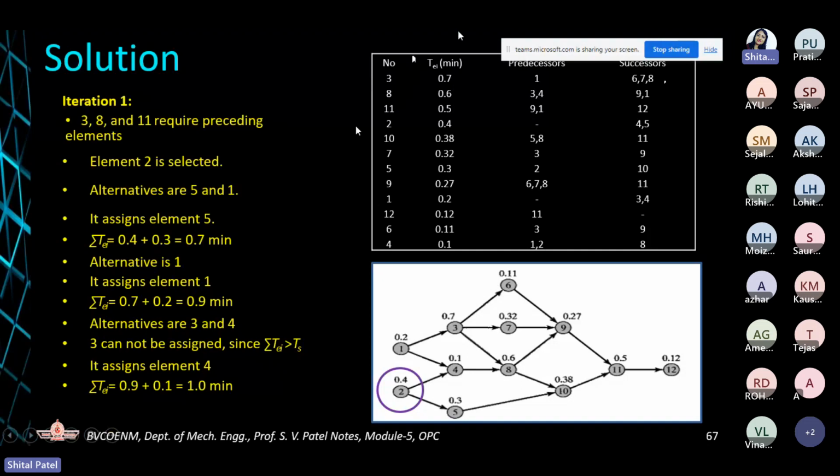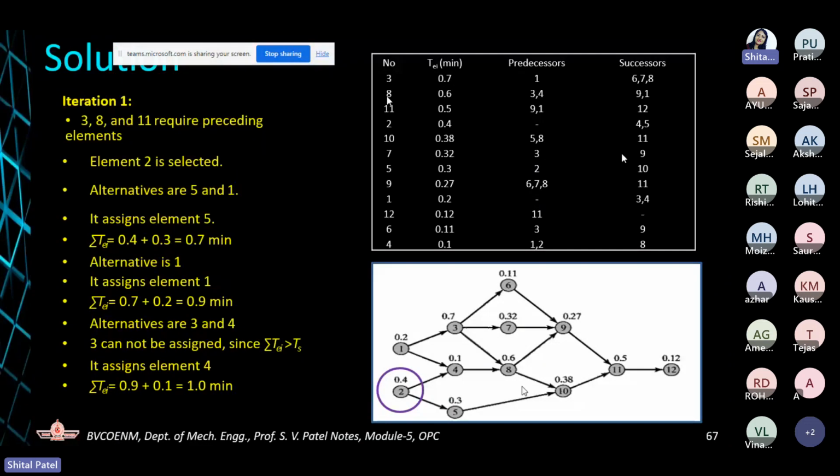Now the same table is depicted in this slide. Taking the very first activity in the sequence, activity number 3, consuming 0.7 minutes, its predecessor is activity number 1, which has not yet been completed. Unless activity 1 is completed, we cannot proceed to activity 3. Am I clear with this? Let's move to activity number 8.